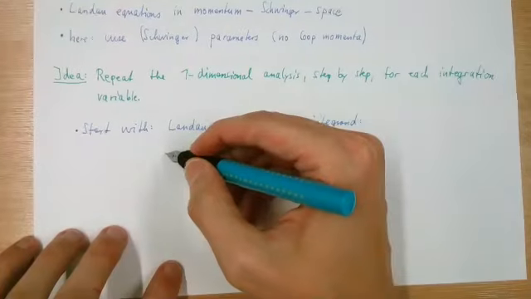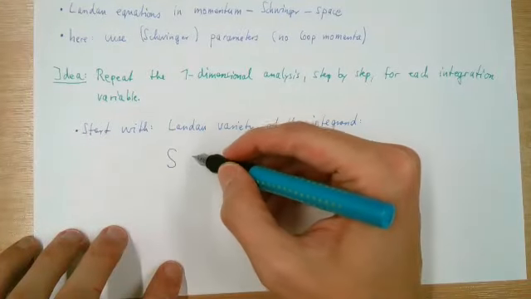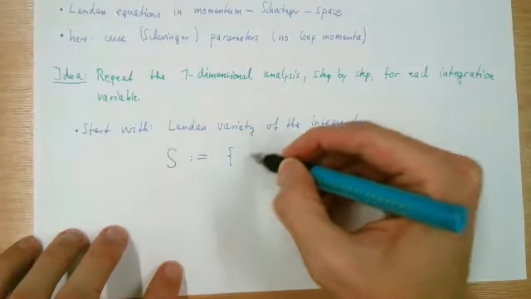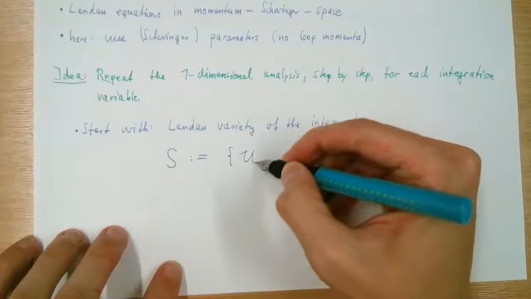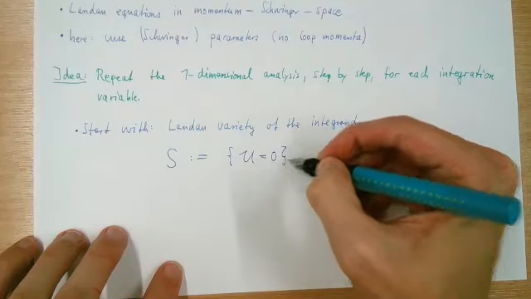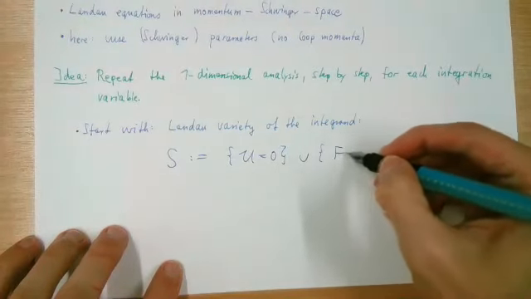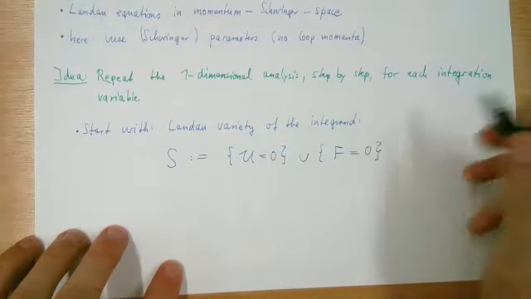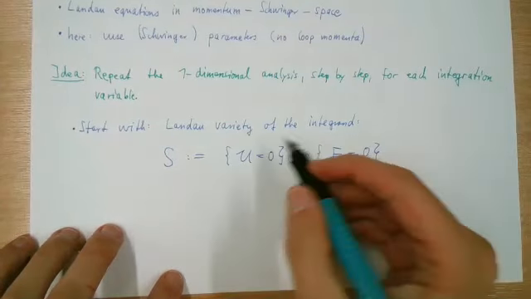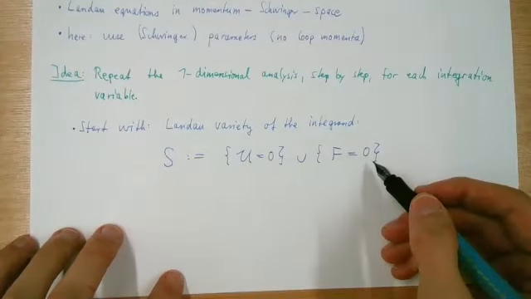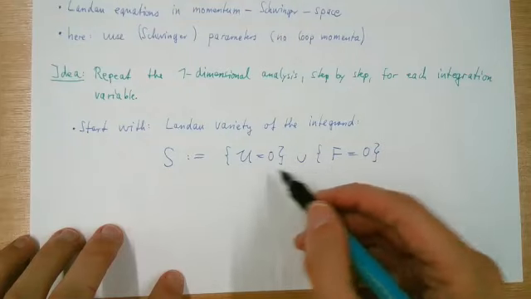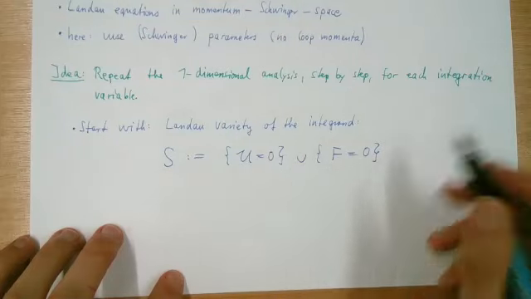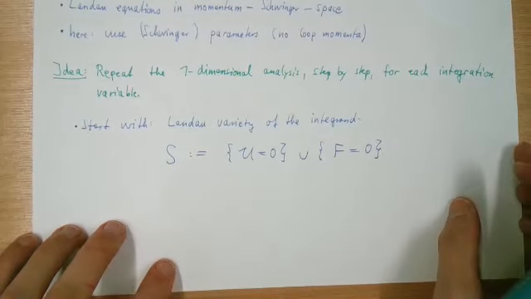So let me call this just S. Where we know that the integrand is a rational function and the denominators are only u and f, right? So in the beginning, we know that these are the only singularities. In our bubble example, we didn't have u, we only had f, right? So sometimes it's enough to only start with f or u. But in general, you may have both of them as a start.